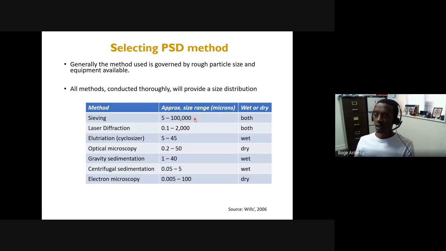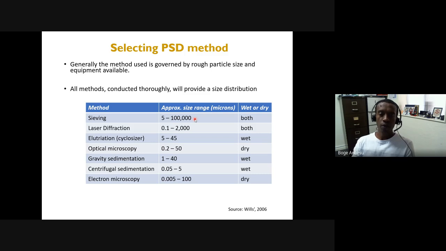Theoretically, you can have large sieves with 100 millimeter, 200 millimeter or more. But typically in mineral processing after grinding, you tend to get particles between 20 to about 250 micron, somewhere around there. If it's coarse, maybe you can go a bit higher.